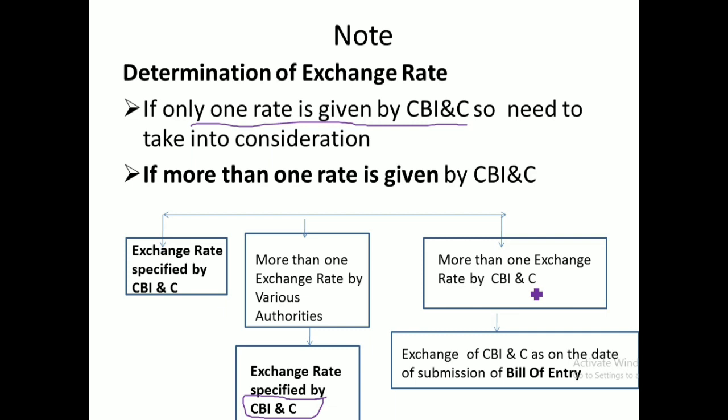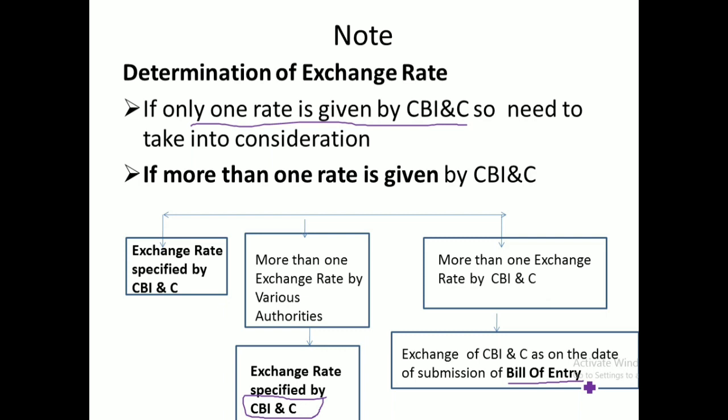If more than one exchange rate is given by CBIC only, we need to consider the exchange rate prevailing on the date of submission of the bill of entry.